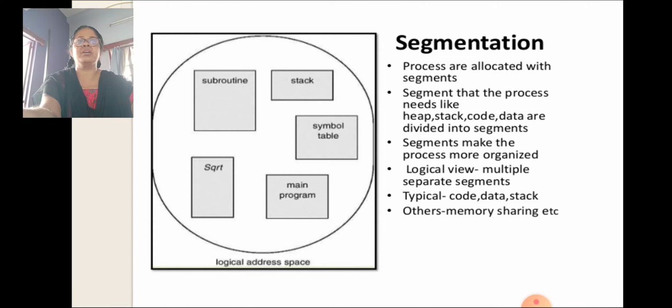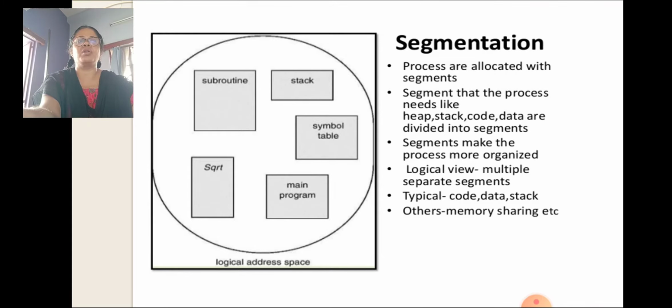Consider how you think of a program when you are writing it. You think of it as a main program with a set of methods, procedures, or functions. It may also include various data structures, objects, arrays, stacks, variables, and so on.